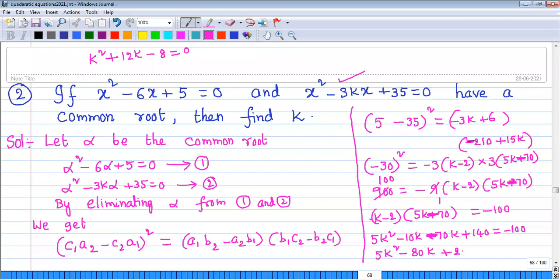Plus 240 equals to 0. Now divide by 5. If you divide by 5, what do you get? Wait 1 minute. We'll get it now. k square minus 16k plus 48 equals to 0.